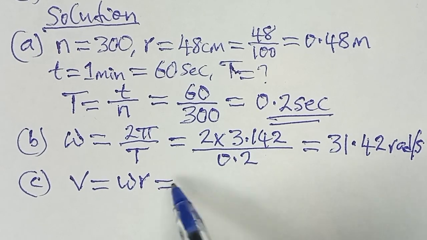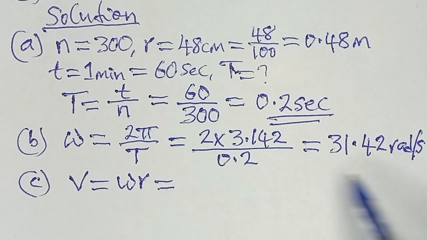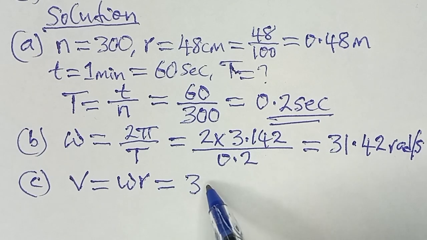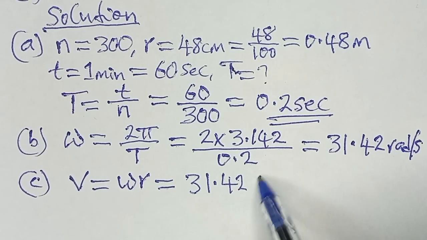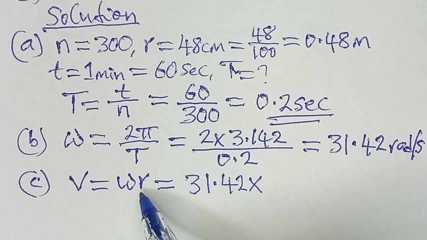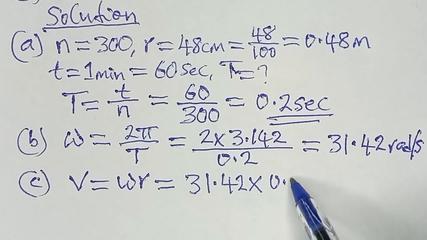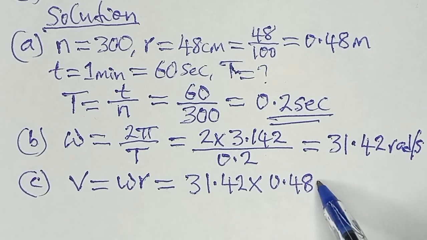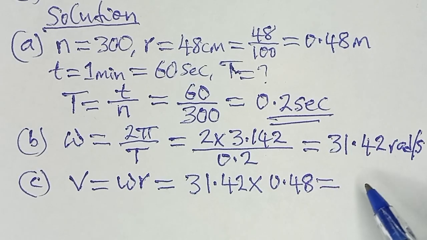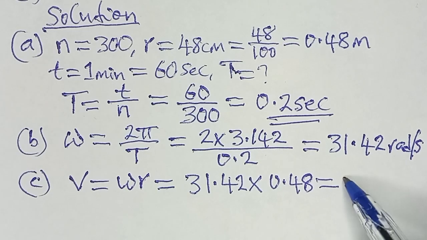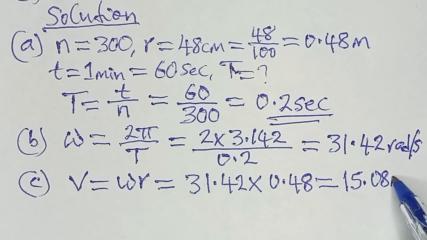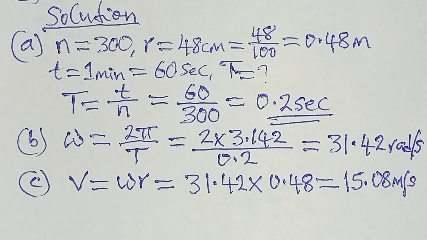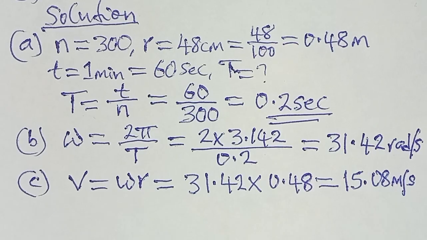So the omega, which is what we just obtained now, is 31.42 multiplied by the radius of the circular path, which is 0.48. And that will give us the velocity as 15.08 meter per second. So that is the linear velocity for the motion.